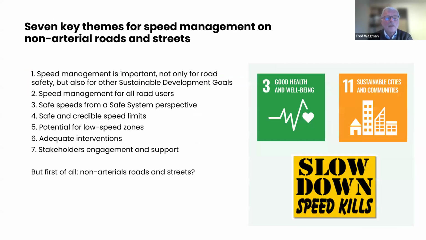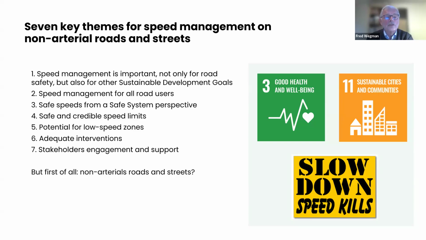Next, please. Based on these 3 guides, I decided to cover 7 areas today. And I listed them for you here. And I'm going to introduce all these 7 elements to you today. So that is to say speed management, but also other sustainable development goals, speed management for all road users. I would like to introduce safe speeds from a safe system perspective.